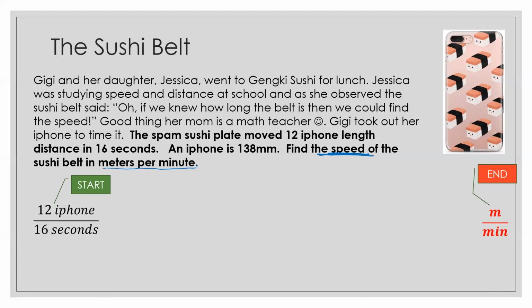Which is 12 iPhones in 60 seconds. So I need to get from there to there. What's next? Well, the easiest thing to do is to deal with the seconds, because I know that there are 60 seconds in 1 minute. So seconds cancel with seconds. I am now in iPhones per minute.